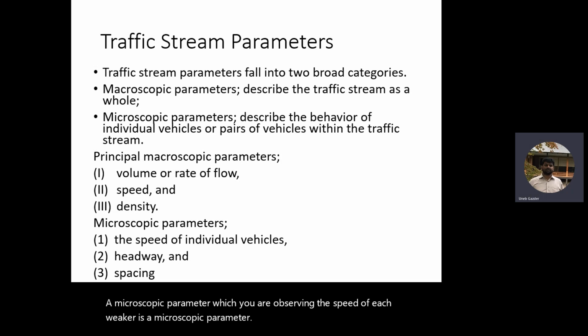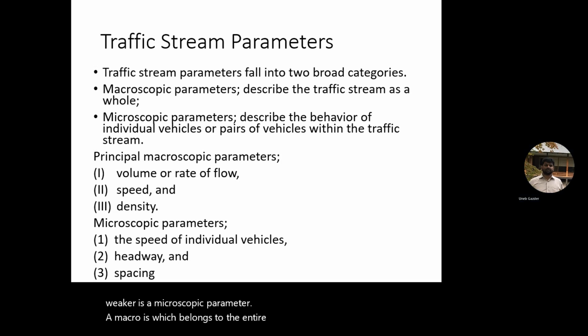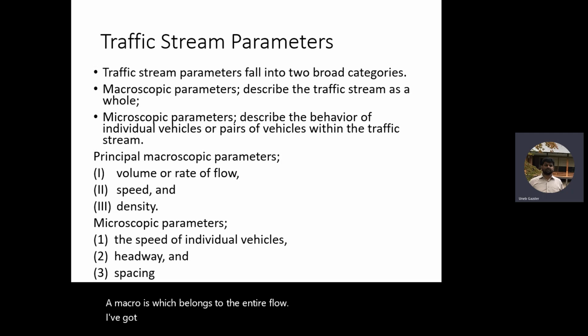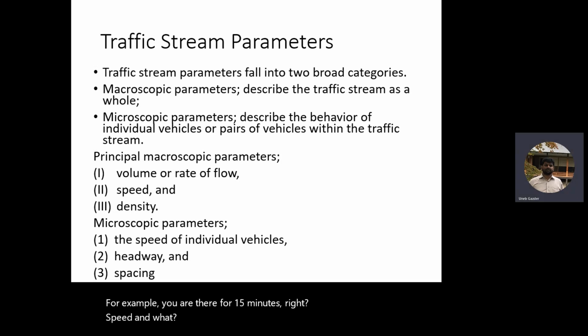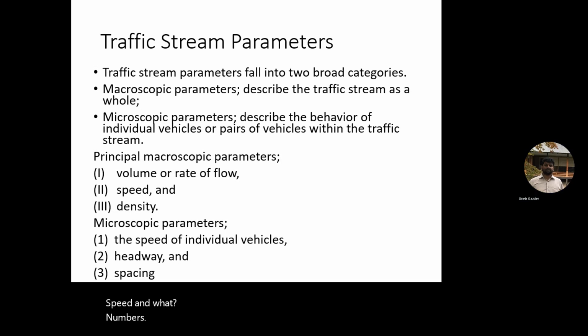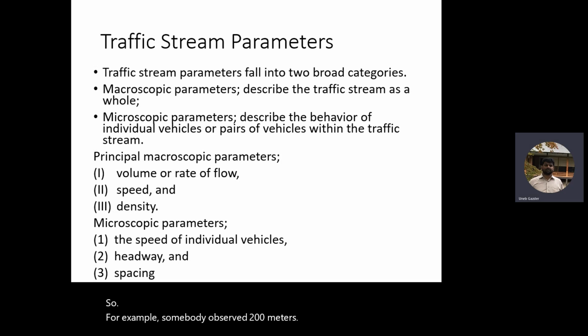And macro is that which belongs to the entire flow, a group of vehicles. For example, you were there for 15 minutes, right? So you observed the speed and what? Numbers. So, for example, somebody observed 200 vehicles. And 200 belongs to what?